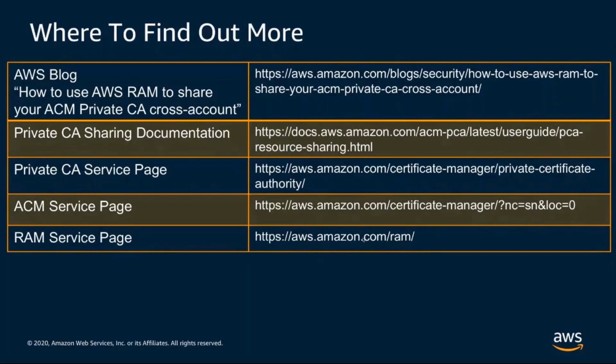These will provide you with a set of steps on how to set up your CA, share your CA, secure your CA, and will add additional references and capabilities beyond what I demonstrated for you today.